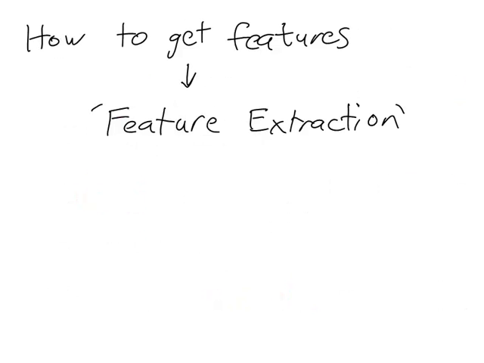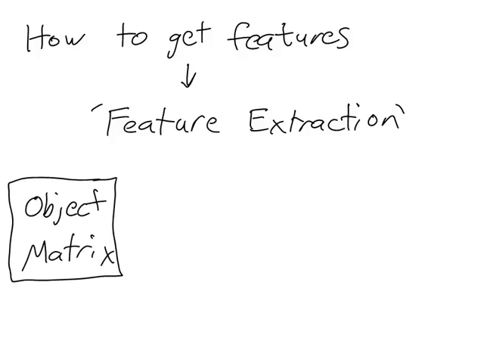The process of getting features from objects is called feature extraction. The process of feature extraction will be different depending upon what features you're trying to extract from objects. However, the input and the output of a feature extraction operation is always the same.